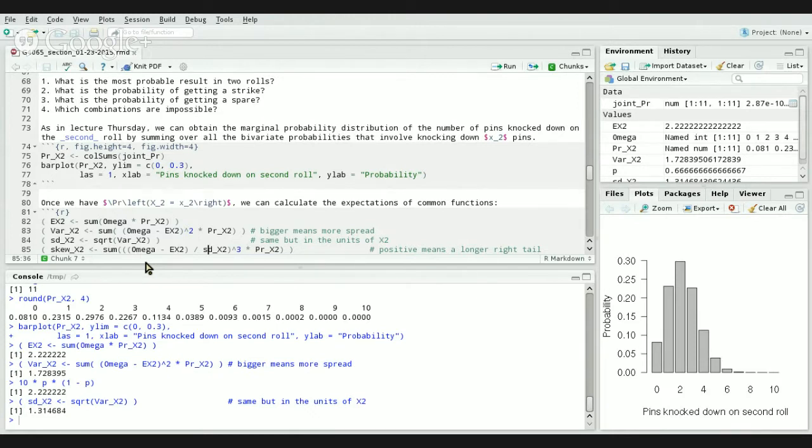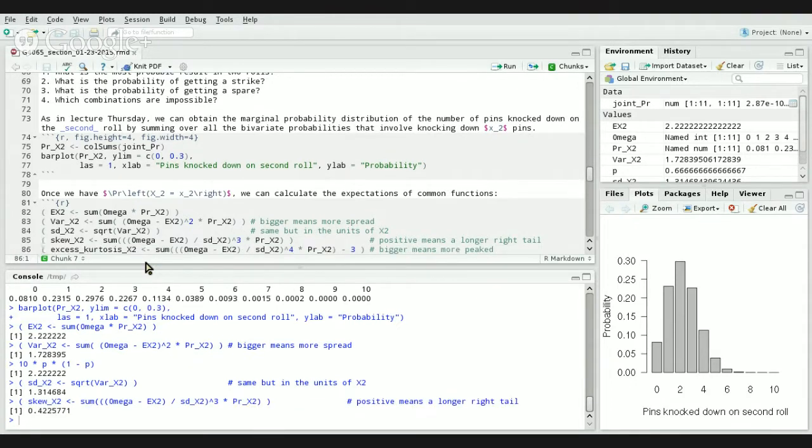And if the skewness is negative, then we expect that number to be negative. In this case, the skewness is positive, which is perhaps suggested by this picture of having a long tail of the probability getting up to 10 pins knocked down on your second roll.